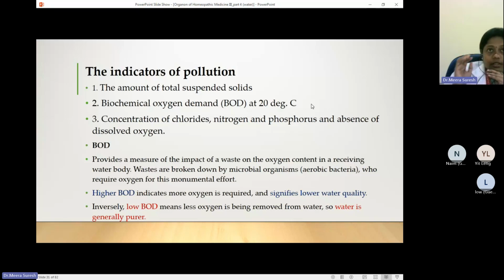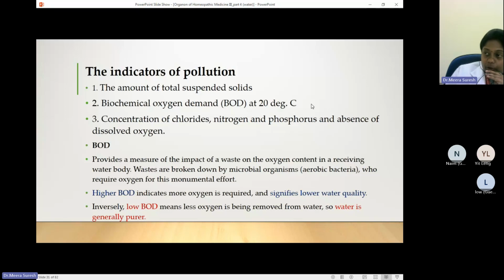For example, suppose I say BOD is 50, which means the waste that has accumulated in that water body was so much organic waste that 50 percent of the oxygen had to be utilized by these bacteria to break it down. So the oxygen quantity in that water is very much reduced. That indicates pollution.